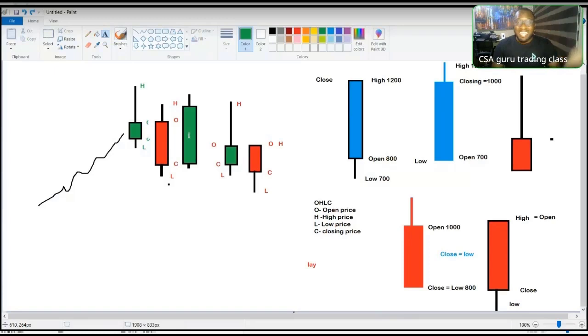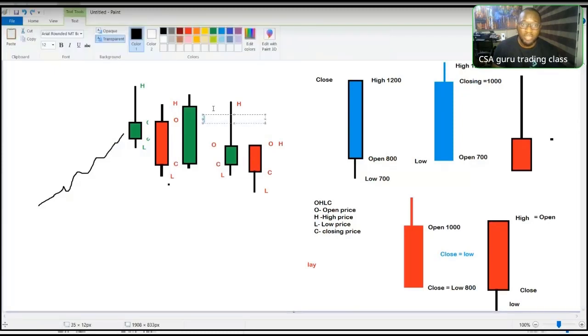So that indicates that there's a probability that the price is going to keep going back upward. Though it did not fully engulf this candle, the body is longer than the wick or the shadow. So that's an indication that the next candle that will open might actually open from here.